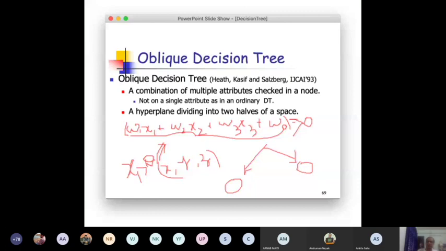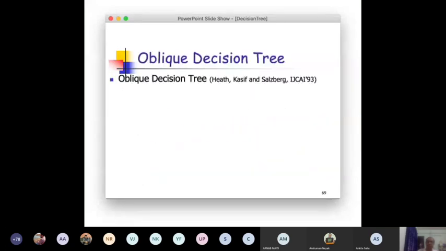This is a kind of improvisation on the structure. It gives a better power of expression, and it can reduce the size of the tree significantly.